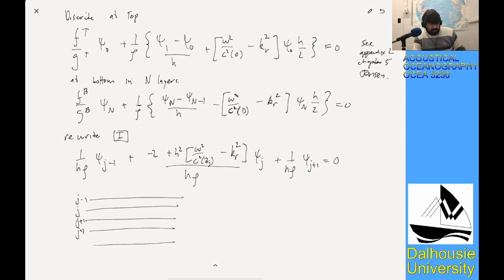Now we can essentially write this whole thing as a function of k_r squared times some vector psi equals 0, where the vector psi is equal to psi 0, psi 1, psi 2, dot, dot, dot, psi n minus 1, psi n.